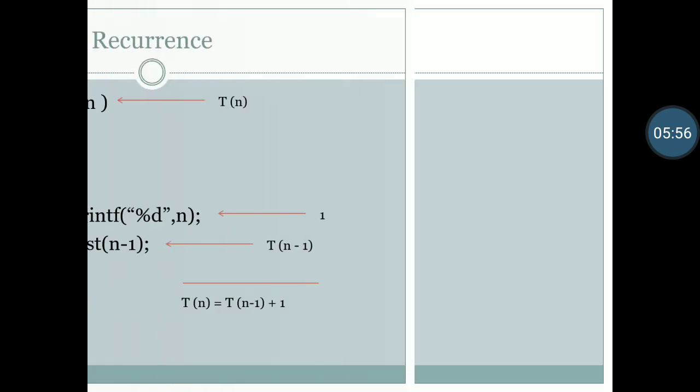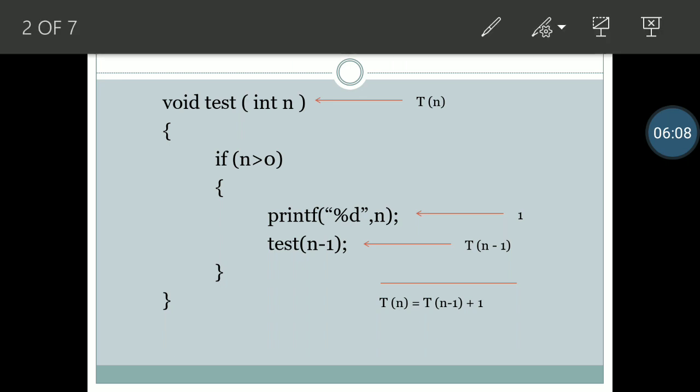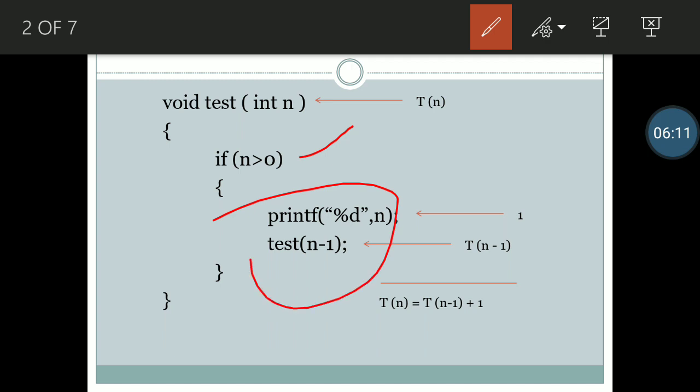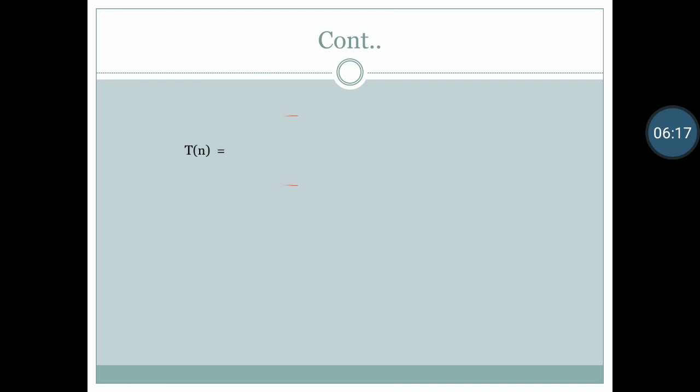If nothing in this function is executed, meaning n is not greater than 0 but n is equal to 0, then only the if condition will be executed one time and the rest will not be executed. So we take it as 1 when n is equal to 0. Understood? This is a recurrence relation. Consider this point: for every recursive function, there will be a different recurrence relation.